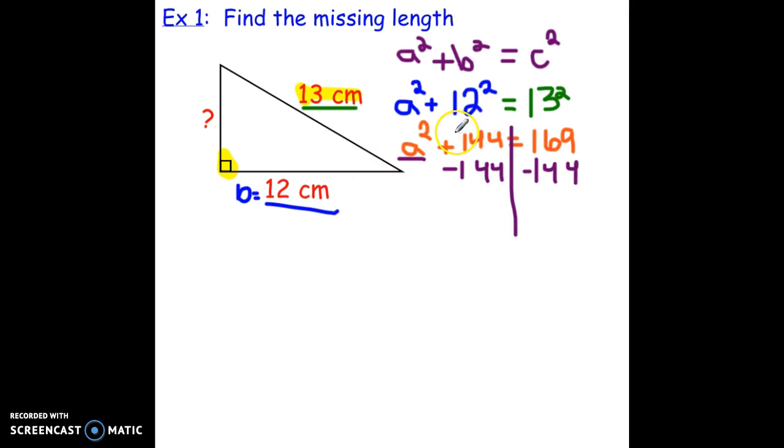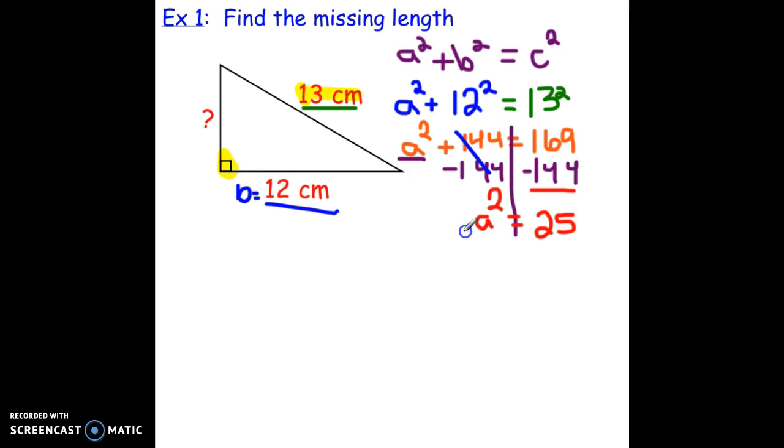So 144 minus 144 is 0. So I'm left with a squared on the left. On the right-hand side, 169 minus 144, 9 minus 4 is 5. 6 minus 4 is 2, so that's 25. Again, I don't care what a squared is, I want to know what a is.